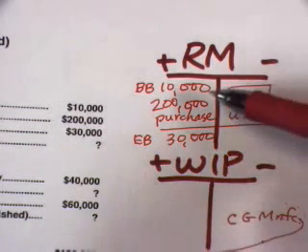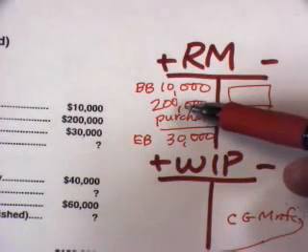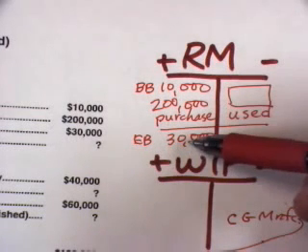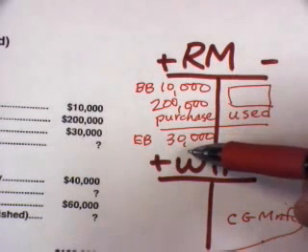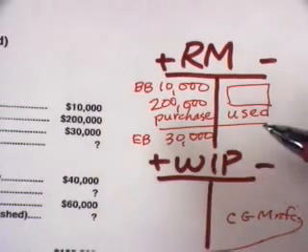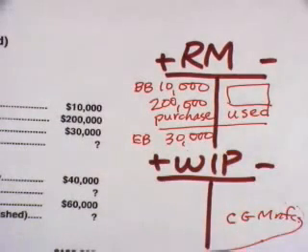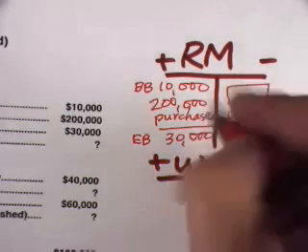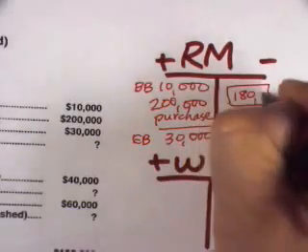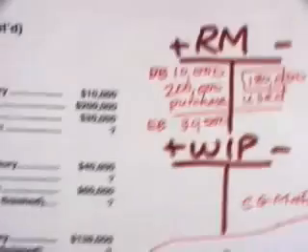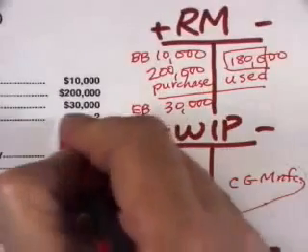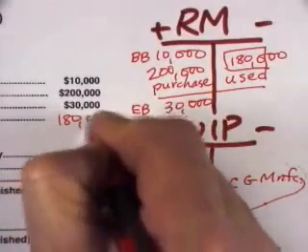We would do that by taking 10,000 plus 200,000 and subtracting off the ending inventory of 30,000. So we would end up with 180,000 as the amount of raw material that we used. So this would be 180,000, and that number would go right here, 180,000.